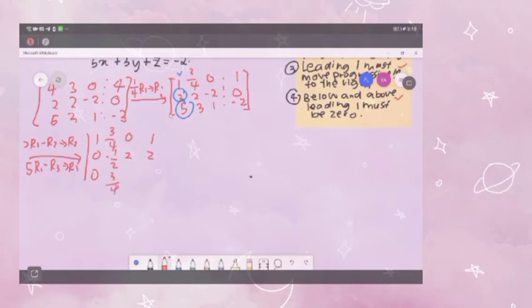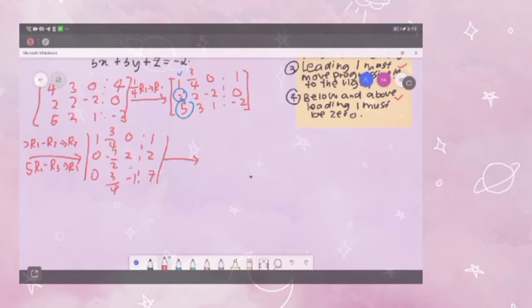And 0 times 5 is equal to 0, and minus 1 is equal to negative 1. 5 times 1 is equal to 5, and 5 minus negative 2 is equal to 7. Okay, so we have a leading 1 for row number 1, but we haven't got a leading 1 for row number 2 and row number 3. So we will continue the ERO process.